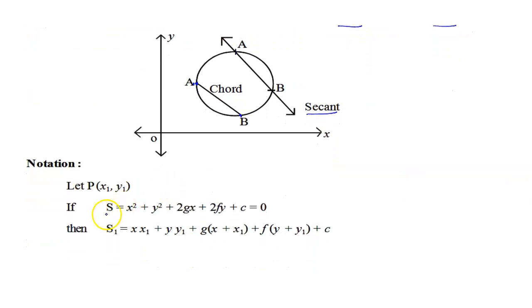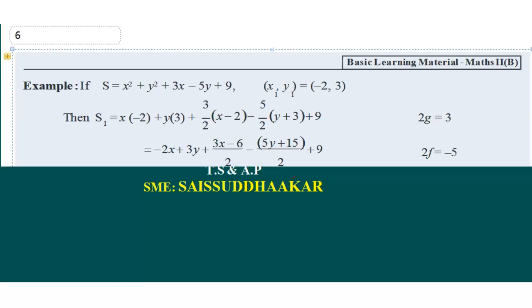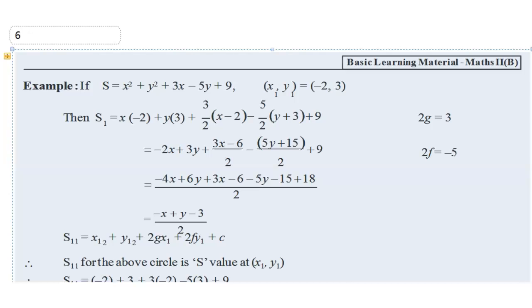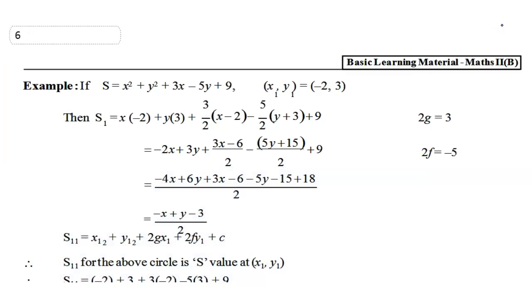So here the general equation of the circle is there, and S1 is also a notation we did previously. Here is one example question. If the equation x square plus y square plus 3x minus 5y plus 9 is given, and a point x1, y1 is minus 2 comma 3, he is asking to find S1.